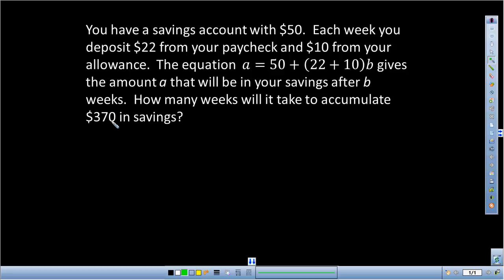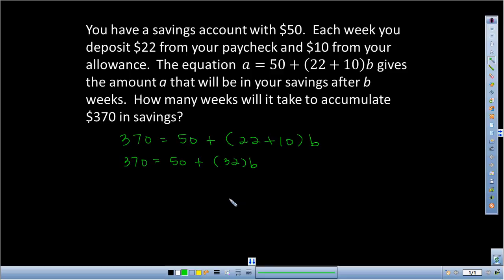Because the $370 is the savings, the amount, we're going to write the equation as 370 is equal to 50 add, and then in our group we have 22 add 10, and we're multiplying that group by B. Well, we have this value in parentheses, the 22 add 10, so we can rewrite the equation as 370 is equal to 50 added to a combined total of 32 multiplied by B.